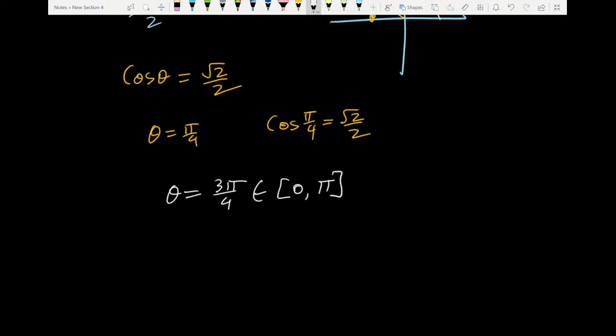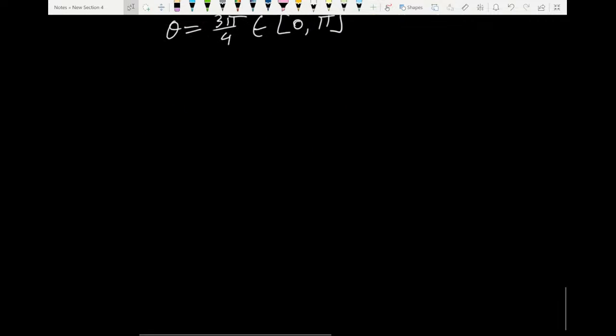Now, let's do another one. Tangent inverse of negative root 3.